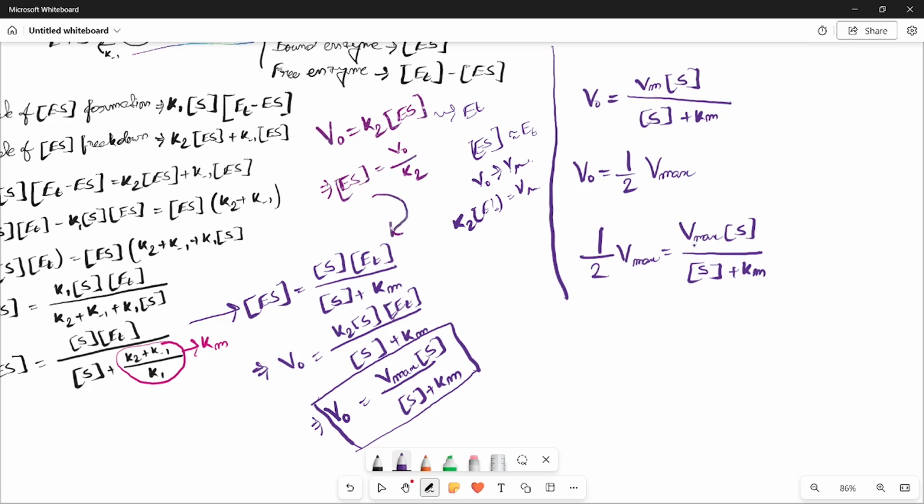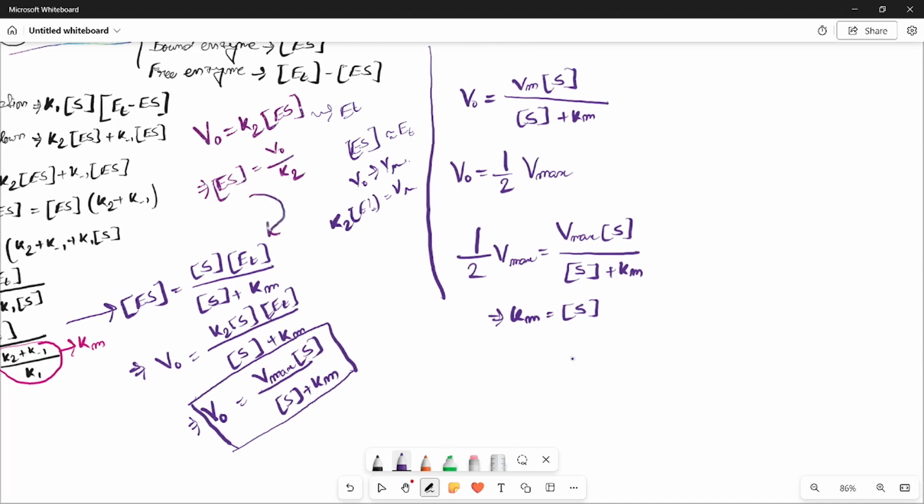If you simplify this, the Vmax we will cut down, then 2S, there S, and it will look like Km equals S. So if we want to find the value of Km, it is the substrate concentration at which half of the maximum possible velocity of any enzyme reaction is reached. That substrate concentration is the value of Km, or Michaelis-Menten's constant.